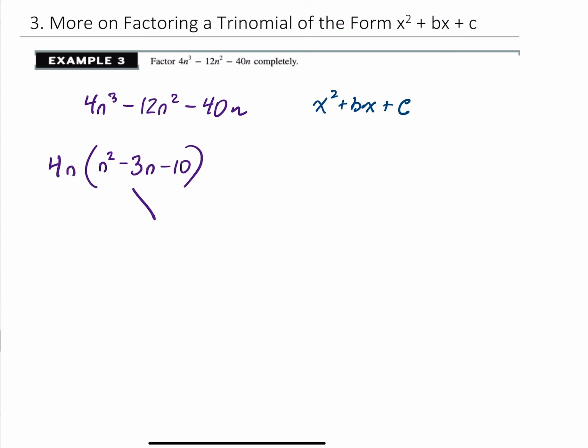Now notice this is in the form x squared plus bx plus c. We just have n instead of x. So let's factor this one using this method. We're looking for factors of negative 10 that add up to negative 3. So that could be 1 and negative 10, or 2 and negative 5. If I do those two, 2 minus 5 is negative 3.